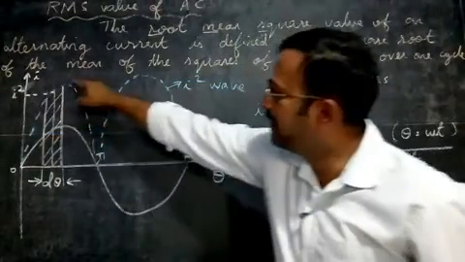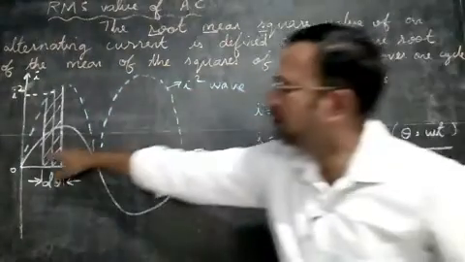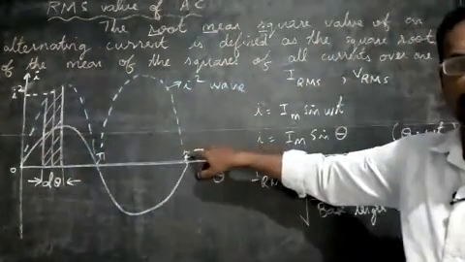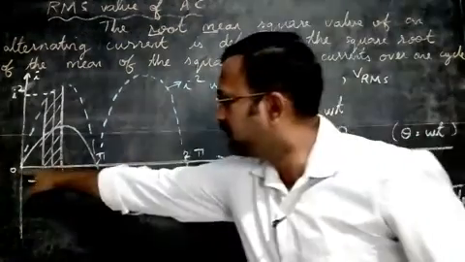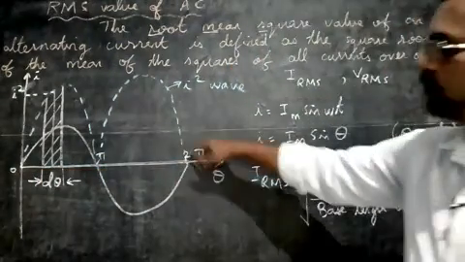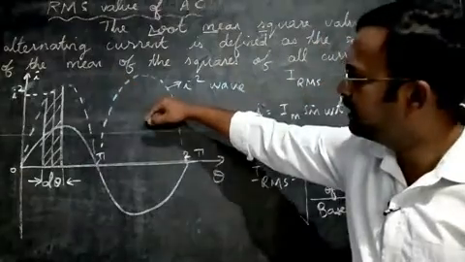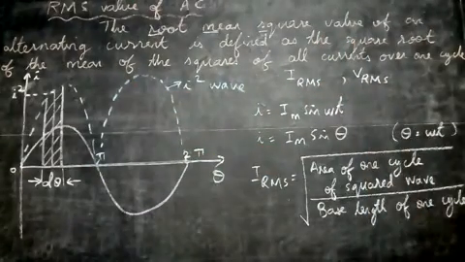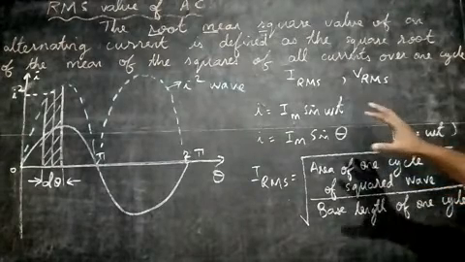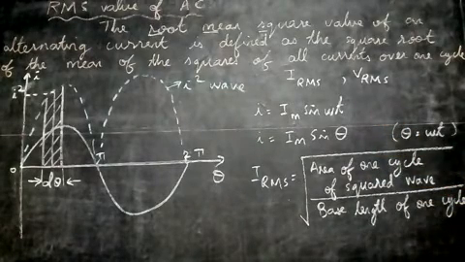One cycle means it will have this part and this part. So from here to here you must take this full area and divide by the base length, which will be 2 pi. So you take this one's area and this one's area, divide by this 2 pi, and that will give us the IRMS. So let's derive and see how to get the equation for this IRMS.